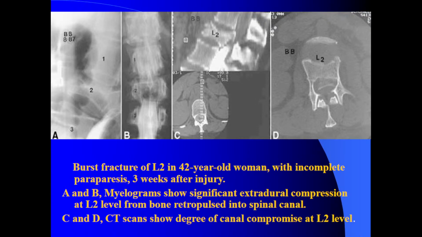After that, we can see the level of compression, where the spinal cord becomes compressed. We can understand how severe the compression is, and we can plan the surgical procedure after that.